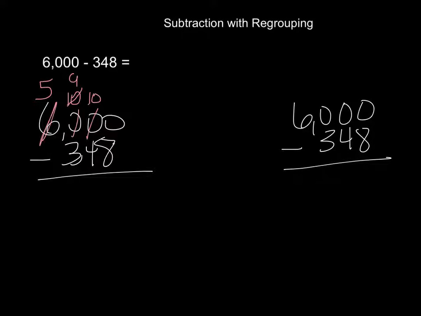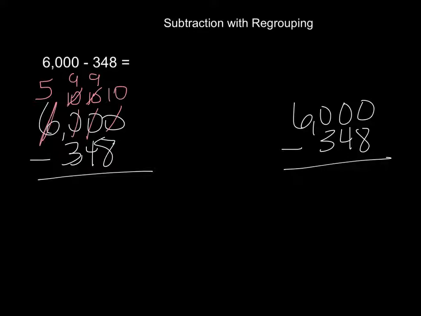Well, that's great for the tens place, but I still need some ones to be able to subtract 8 from. So how about I take one of these tens and leave 9 of the tens behind, and if I have one group of ten, then I have 10 ones.